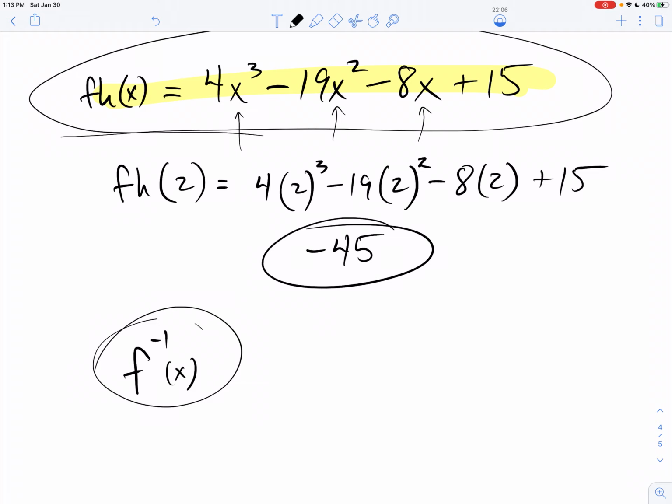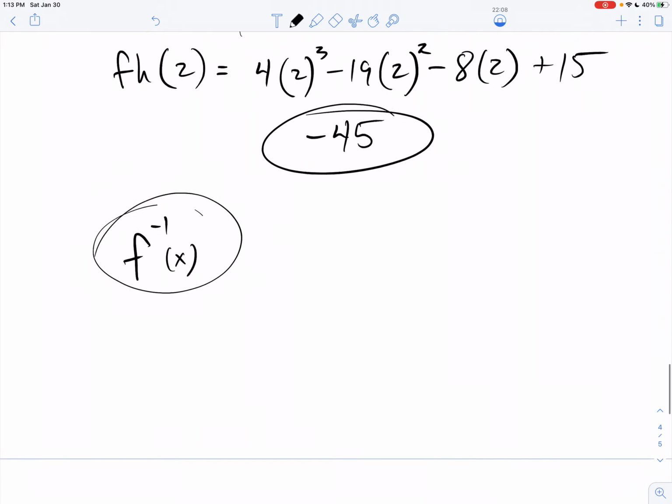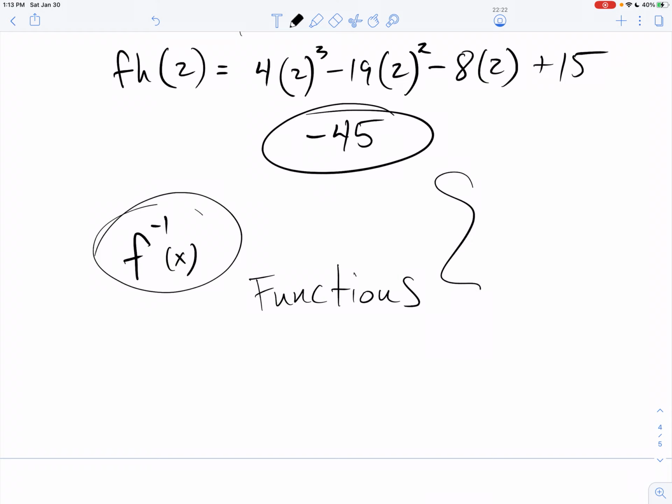So the reason I'm mentioning this is on your next unit test, all it's talking about is functions. What can you do with functions? Well, you can add them. You can subtract them.